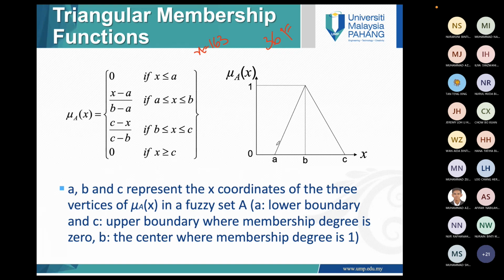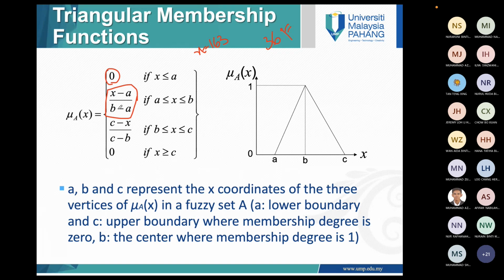So you compare it with the graph given. If x is less than or equal to A, automatically the value will always be 0. But if x is between A and B, this is how you calculate the membership function: x minus A over B minus A. You have to memorize this formula because during your exam it will not be given.